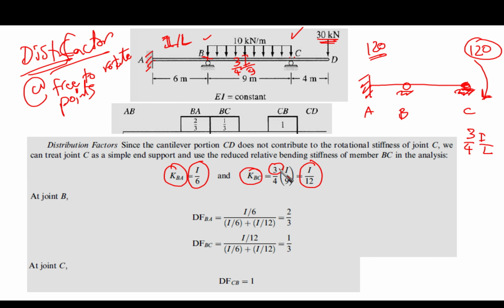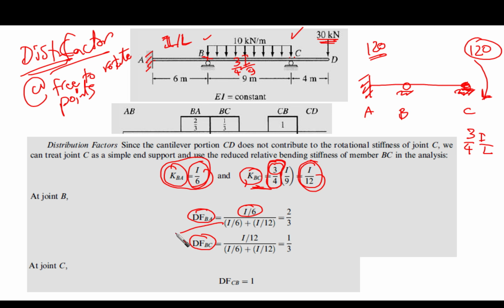Okay, so take care, we have used here the relative stiffness 3/4 I over L, since we consider this far end as simple. Now the distribution factors at point B, DFBA and DFBC. For BA, it is I over 6, far end is fixed. The denominator is the summation of the two relative stiffnesses, which is I over 6 plus I over 12 for BC.